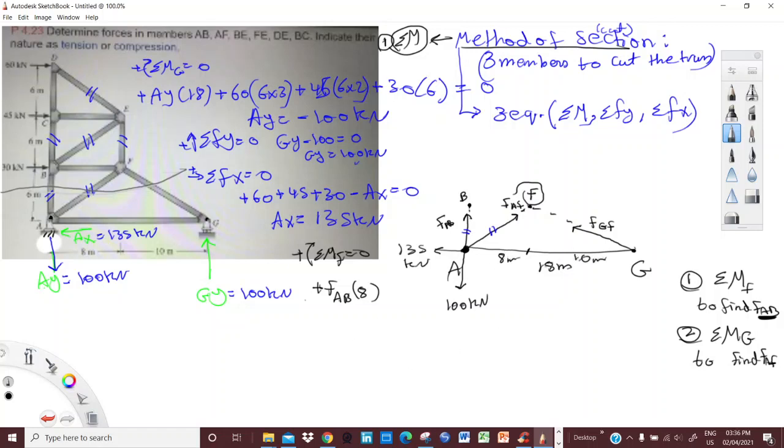And then don't forget you also have a force of 100 kilonewton here. So I get rid of FAB, then minus 100 counterclockwise times 8, and then you have 135, which is plus 135 times its perpendicular distance, which is 6 meter.